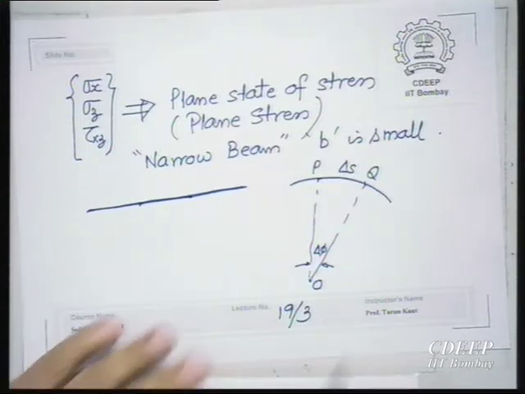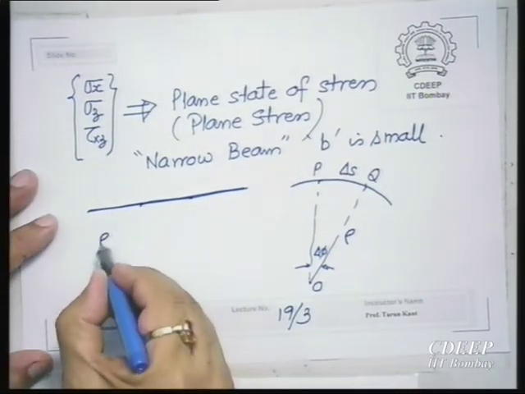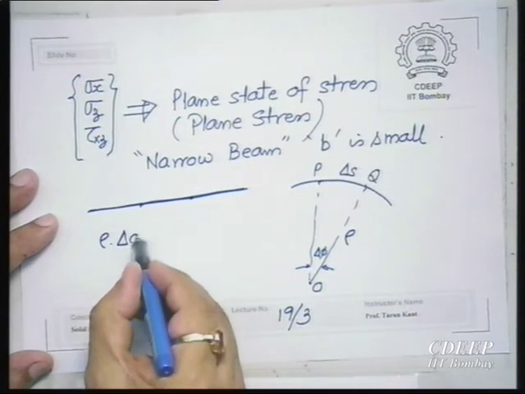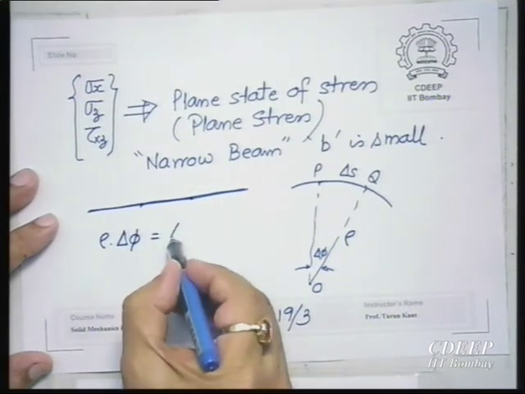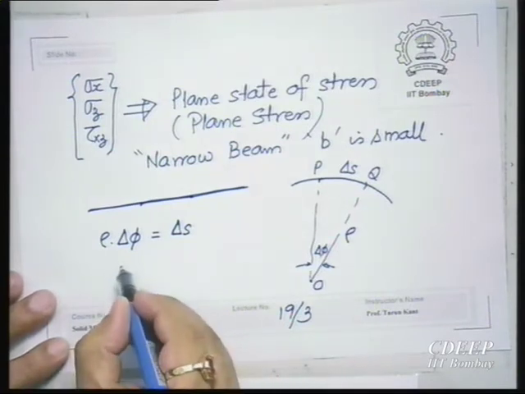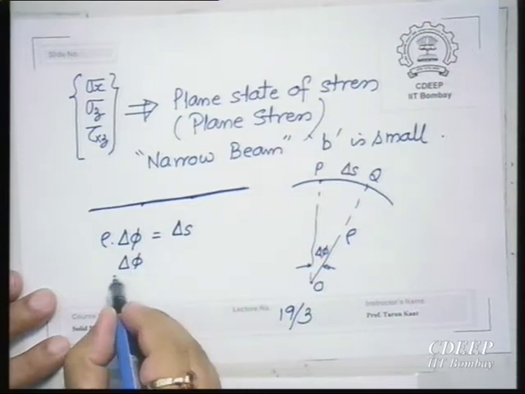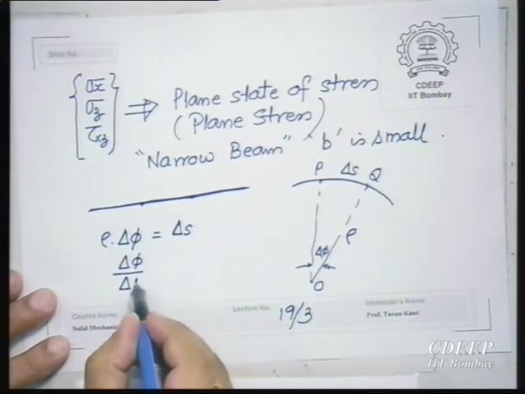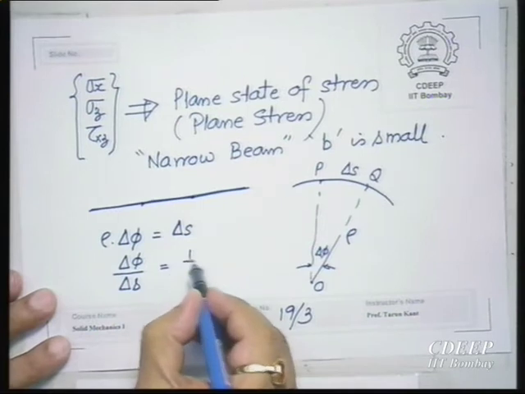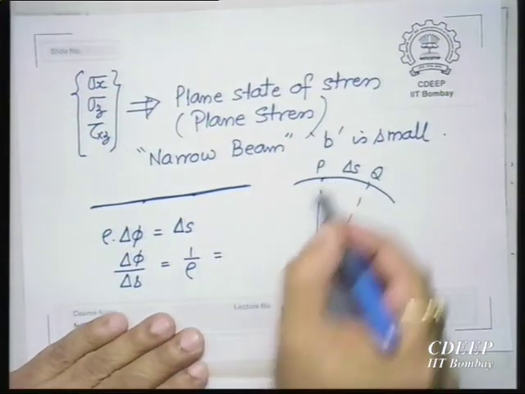So if the radius of curvature is rho, then rho into d phi equal to ds, or d phi by ds equal to 1 by rho. This 1 by rho is called curvature at point P.